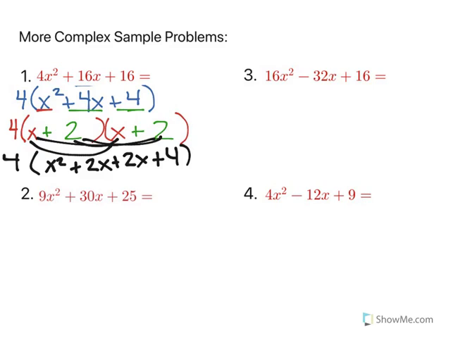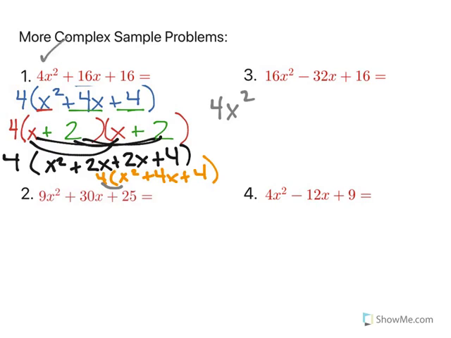I always recommend combining like terms first, but you don't have to. But I'm going to go ahead and combine those like terms. So we have 4 times x squared plus 4x plus 4. Now we're going to do our distribution. So I'm going to take 4 times x squared, and I'm going to get 4x squared.